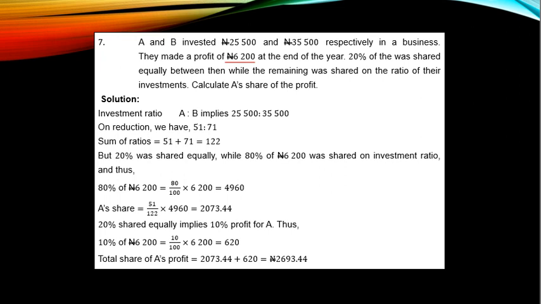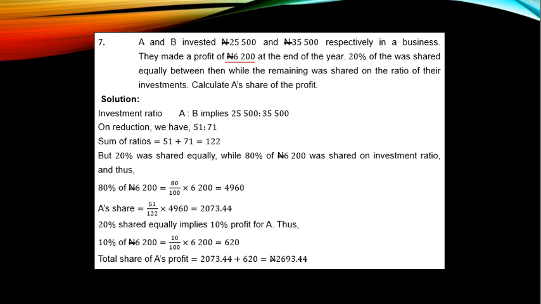Note that 20% of the profit was shared equally between them, while the remaining was shared in the ratio of their investments. Calculate each share of the profit.